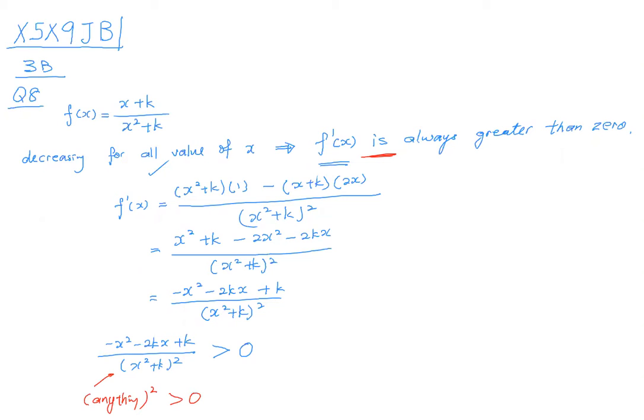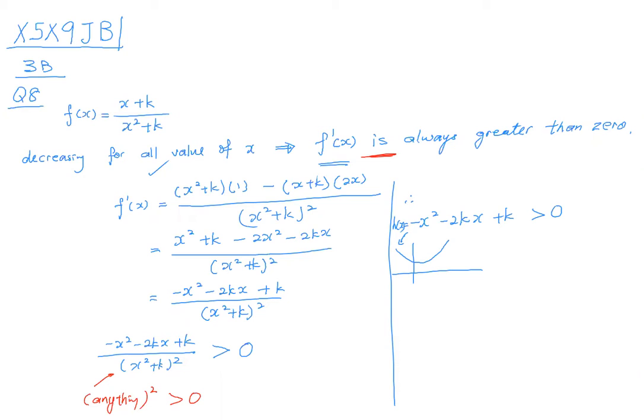So for this whole fraction to be greater than 0, the top must be greater than 0. From here, I conclude that this quadratic function must be greater than 0. If I sketch this graph, this is a quadratic, and the graph must be above. I call this function h(x).